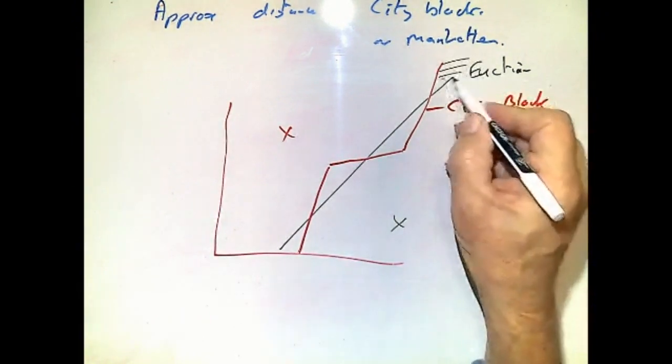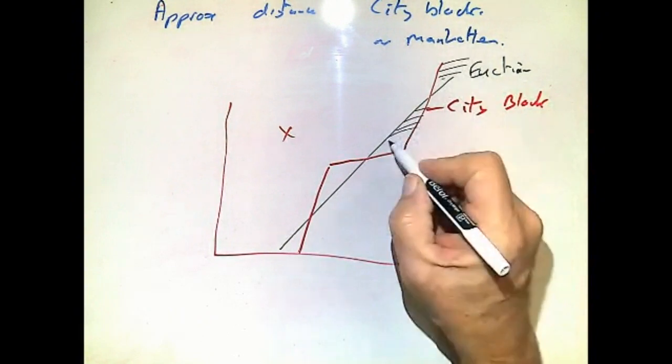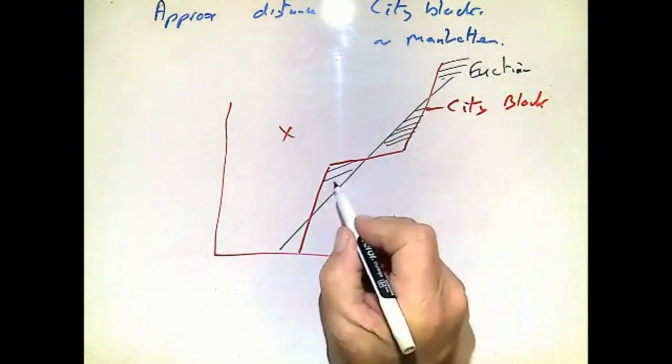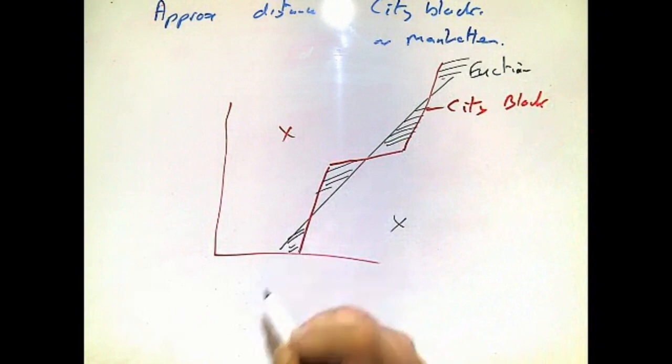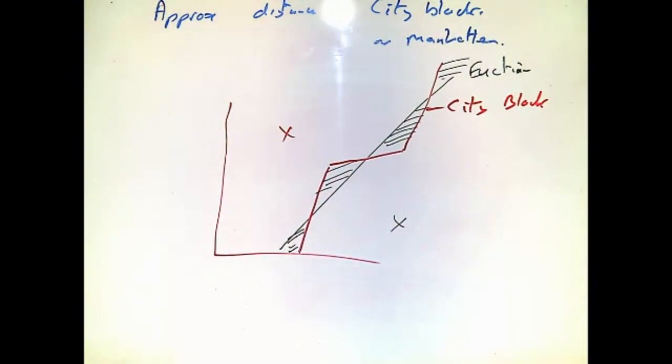It's out here, and as we get further away from the patterns, it increases. The shaded area is an error area. Any patterns in the shaded area will give one classification for the Euclidean, but a different one from the city block.